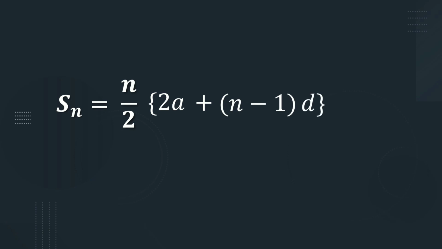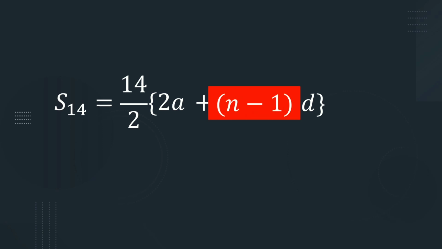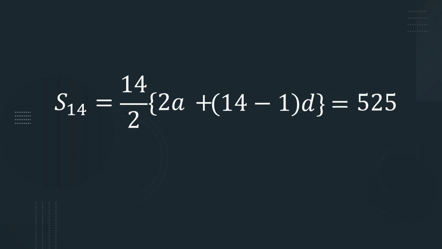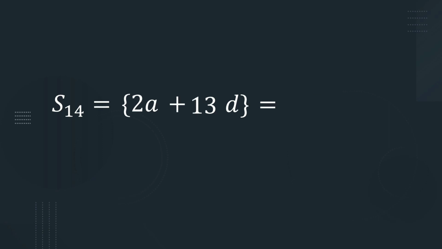Instead of n we put 14, 14 by 2, 2a, we don't know a, (14 minus 1) into d, that is equal to 525. 14 by 2 is 7 here, and 14 minus 1 is 13 here. 7 we can transpose to the right hand side, 525 by 7, so 2a plus 13d is equal to 75, which is the second equation.